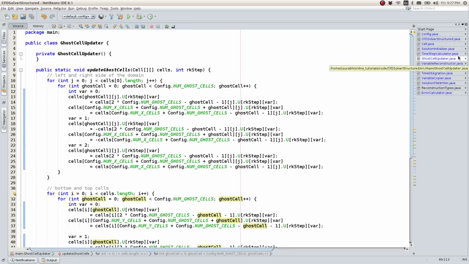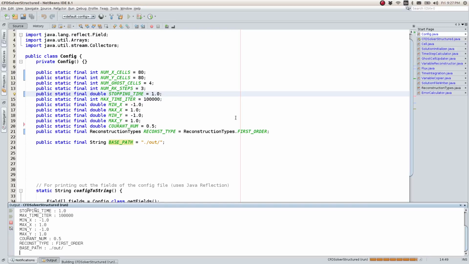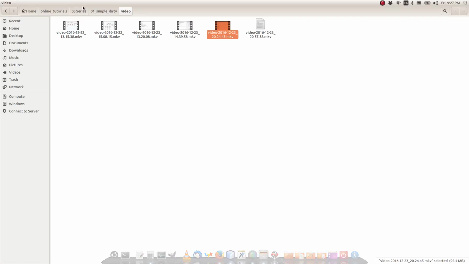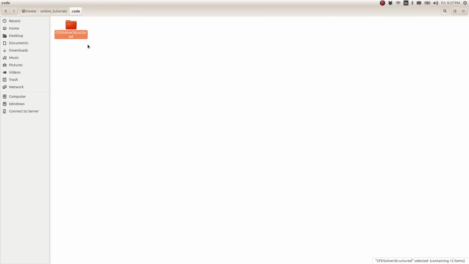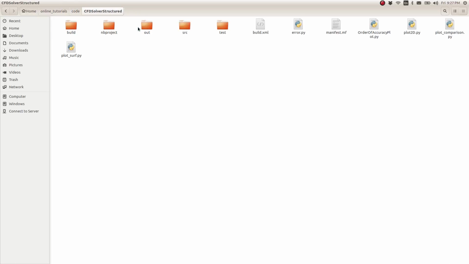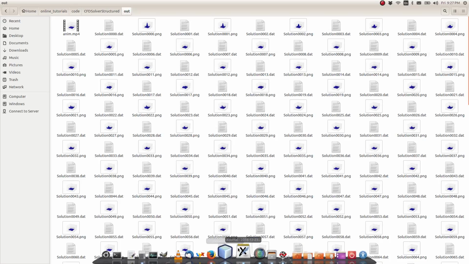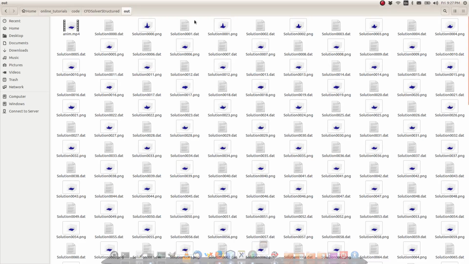So let me reduce the time to say 1 second and let me run the code. Let's see what results we get. I think before running the code I should have cleared it off, so that is what I'm going to do now.